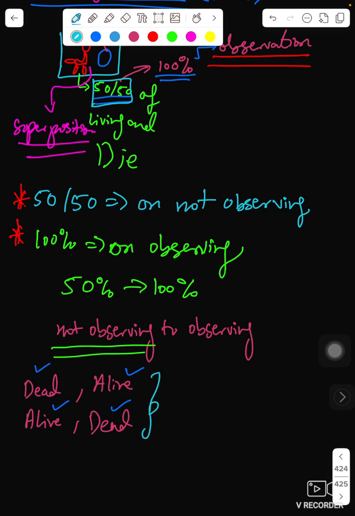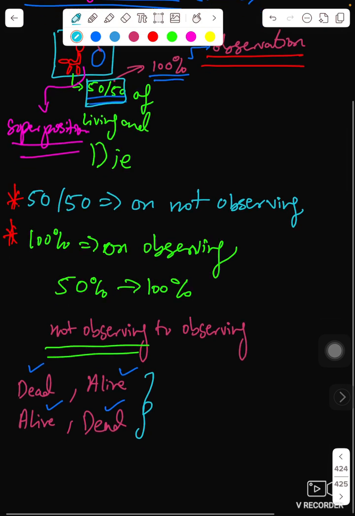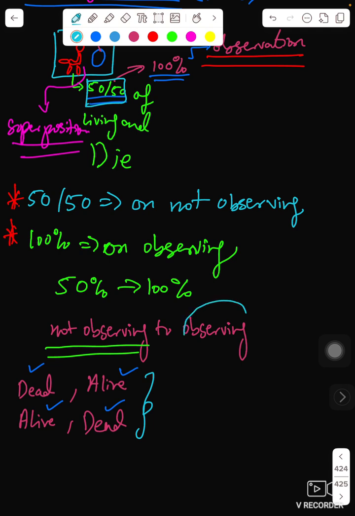Either you will die or you will not die, or you will live or you will not live. It's the same thing. So here our key is observation. Observation is the key.